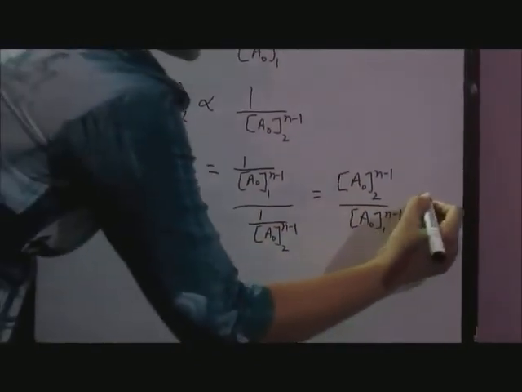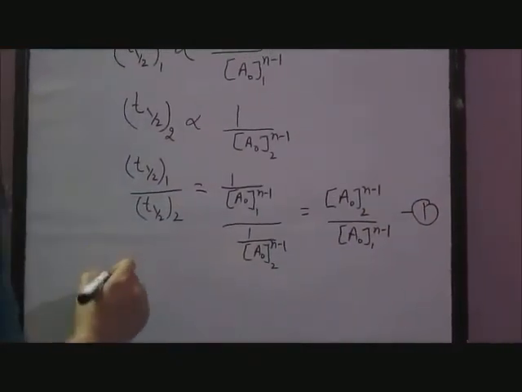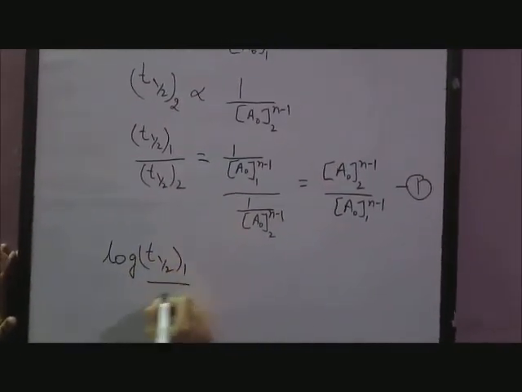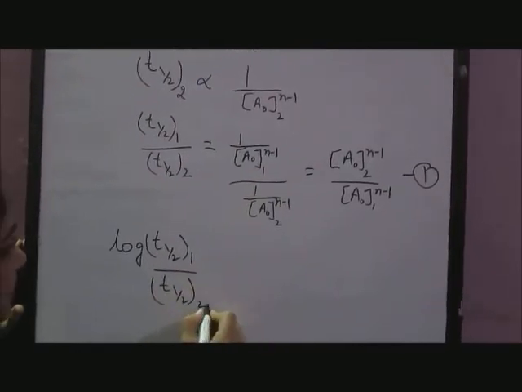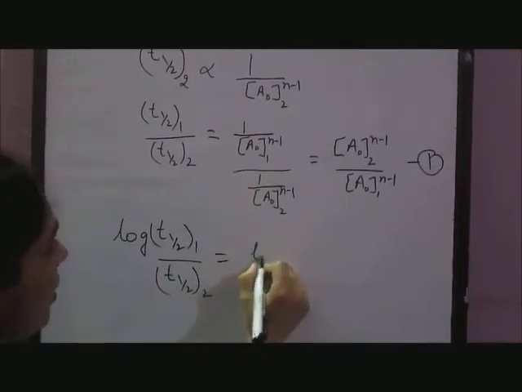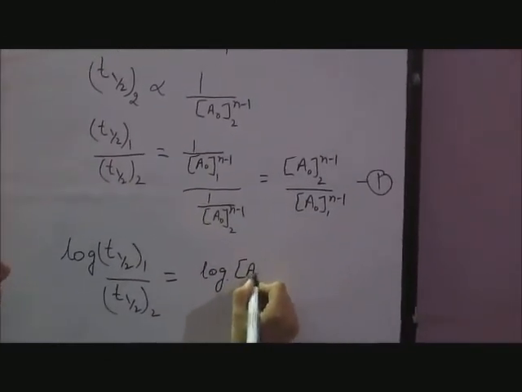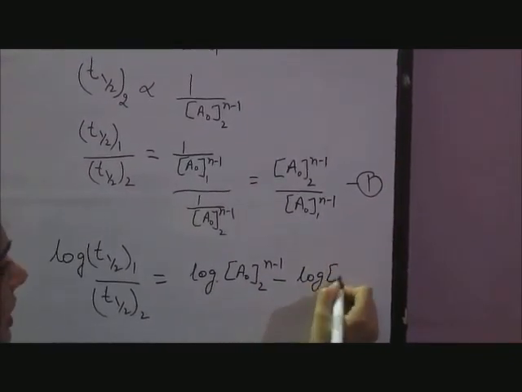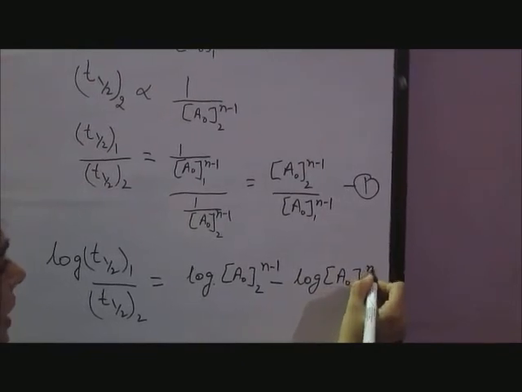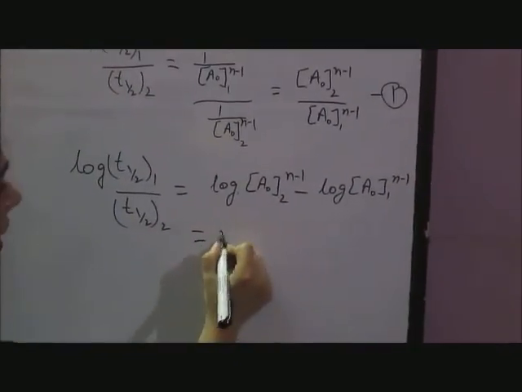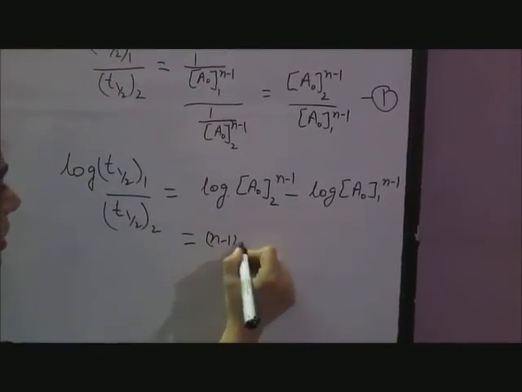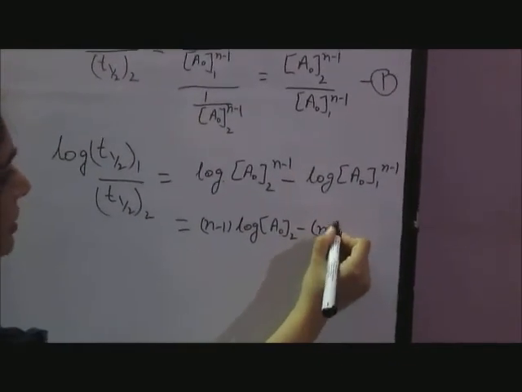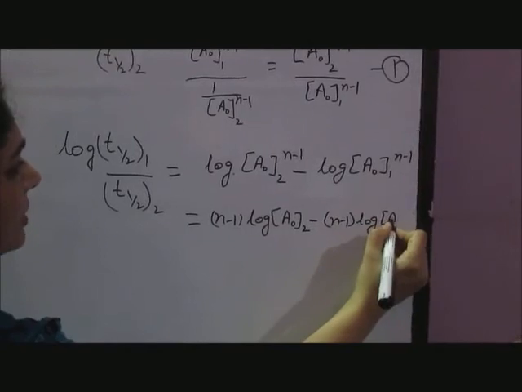Taking log of this equation, log of t half 1 upon t half 2 is equal to log of A naught 2 raised to power n minus 1 minus log A naught 1 raised to power n minus 1, or n minus 1 log A naught 2 minus n minus 1 log A naught 1.